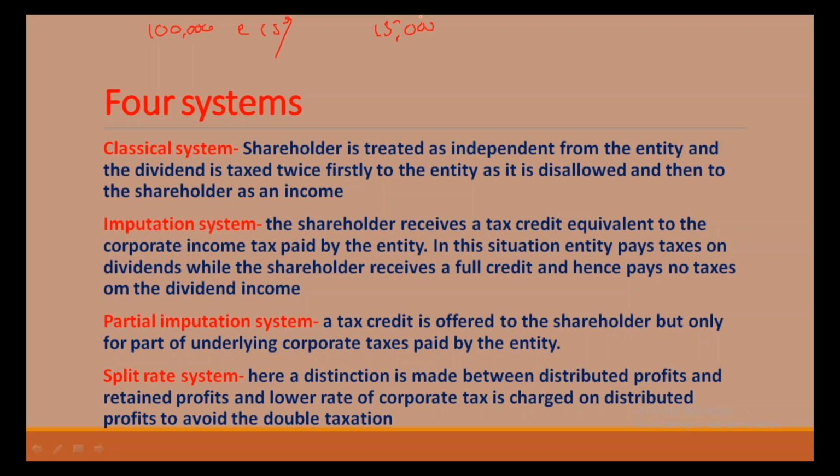Already they have paid 15% taxes, and now let's assume that this company is going to pay a dividend of 42,500. Out of that 85,000 profit after tax, they are going to pay 42,500 as a net dividend.